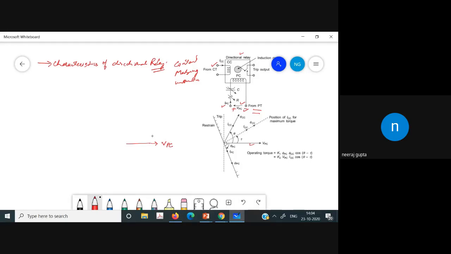And we also know the relationship that the operating torque is directly proportional to phi PC, that we have discussed in the previous lectures, then phi CC, and then sine of, let's suppose, beta.